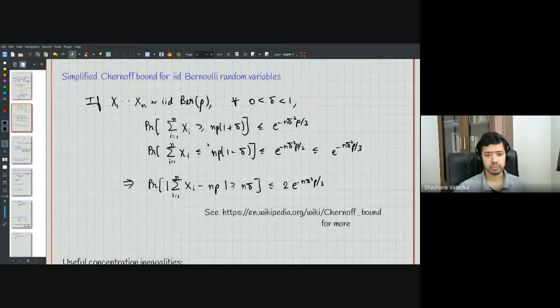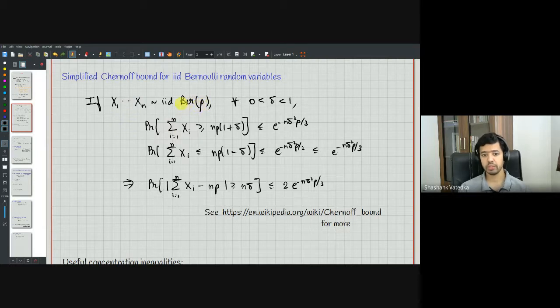Bernoulli random variables, this can be simplified. In particular, if you have x1, x2 up to xn, which are IID Bernoulli P, then the probability that the summation of the xi's deviates is bounded nicely.